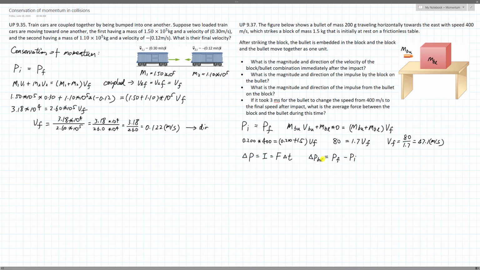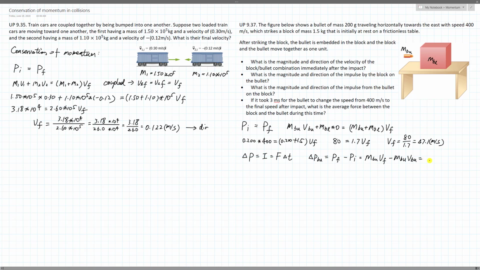This is all about the bullet. So this will be the mass of the bullet times V final, minus the mass of the bullet times V initial. This is just V bullet, right? So that's the change of momentum.